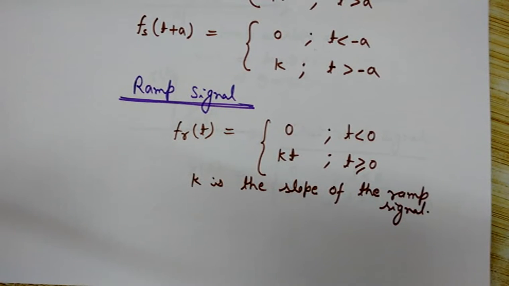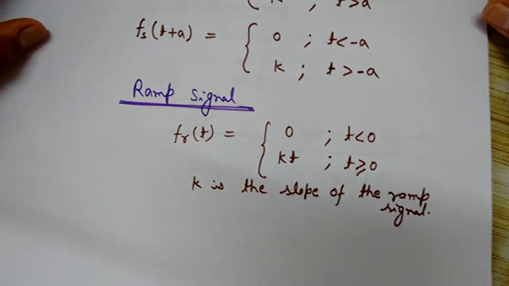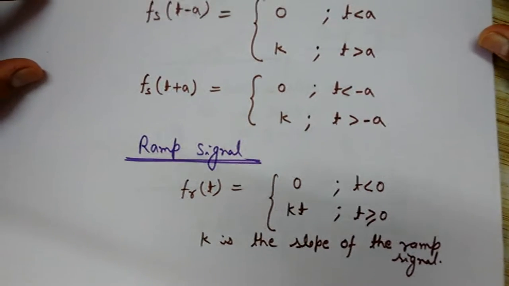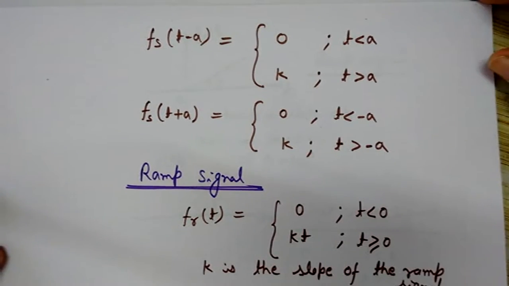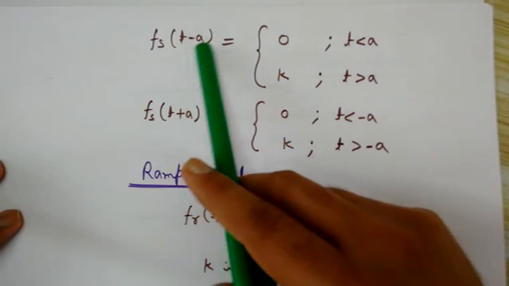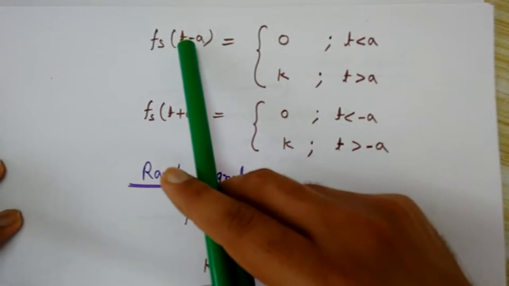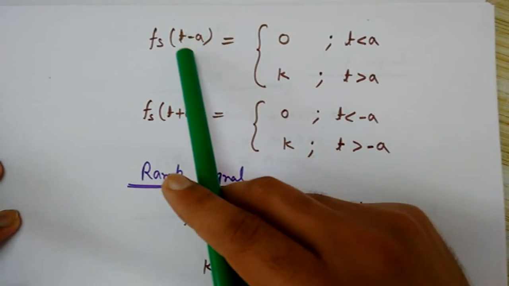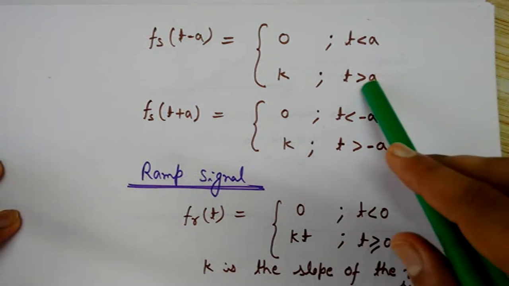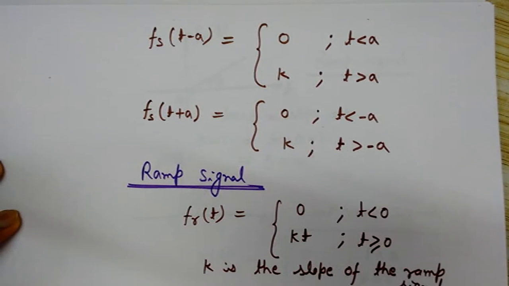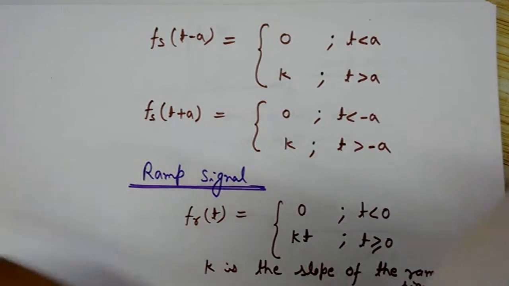Okay, now we can define these time shifted signals in mathematical form easily. Like f(t minus a), the signal delayed by a, can be represented as: its value is 0 for t less than a, and its value is k for all the values of t greater than a.